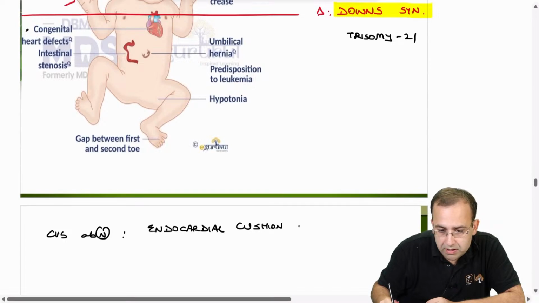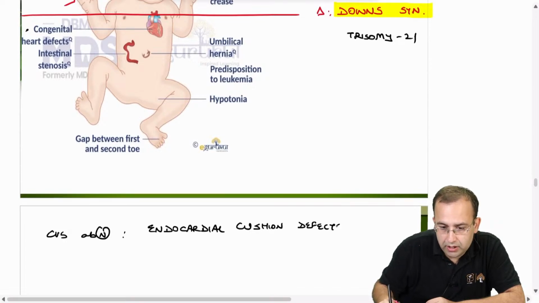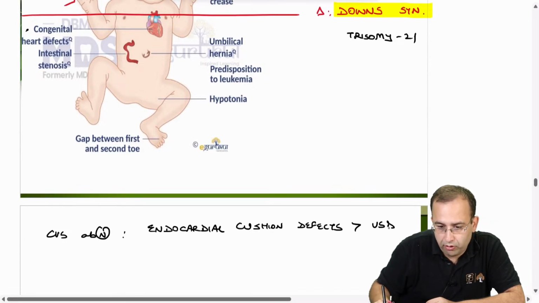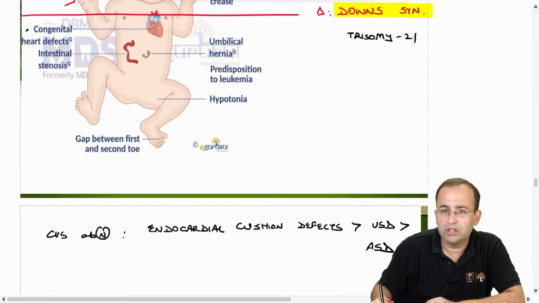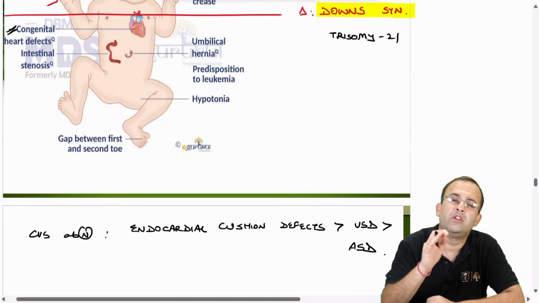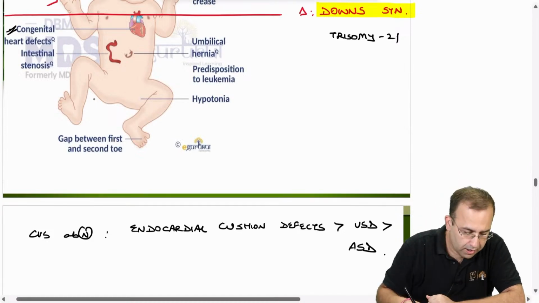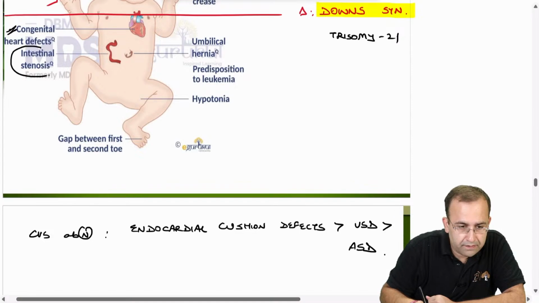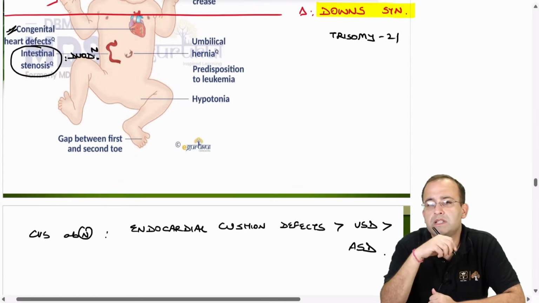Most common CVS abnormality being endocardial cushion defects, followed by VSD, ventricular septal defects, followed by ASD. It is associated with congenital heart defects in about 40% of cases. Intestinal stenosis, most common site being the duodenum.